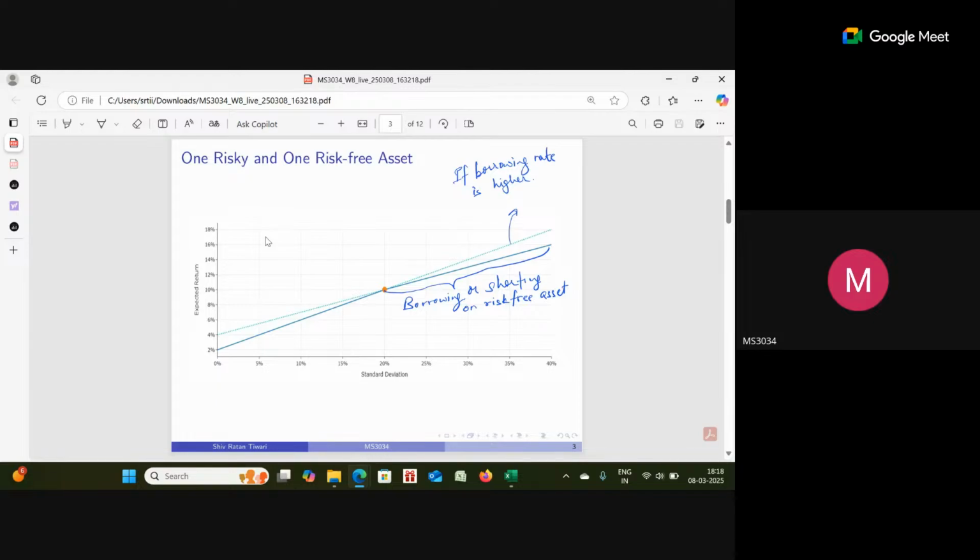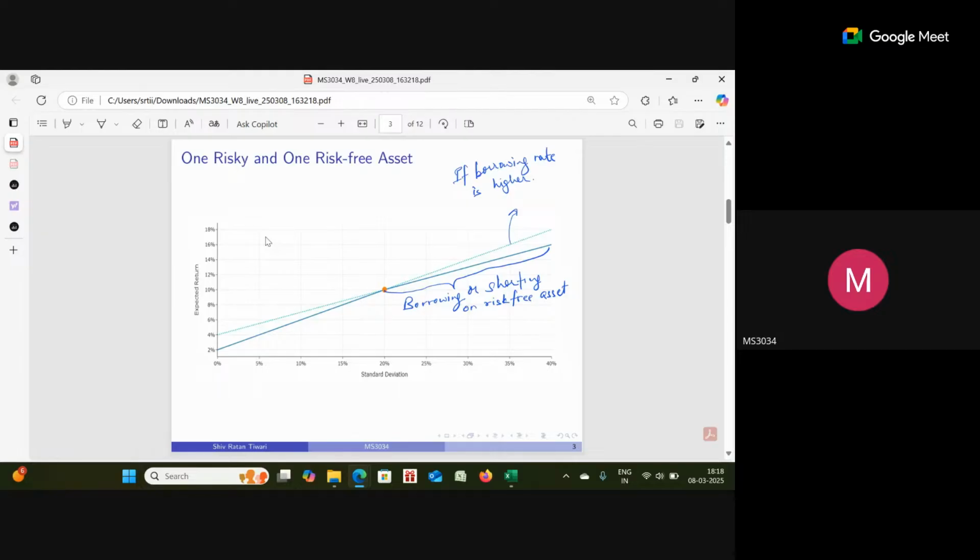From our choice theory, we know that the optimal allocation will be the one where your indifference curve is tangent to the budget constraint.